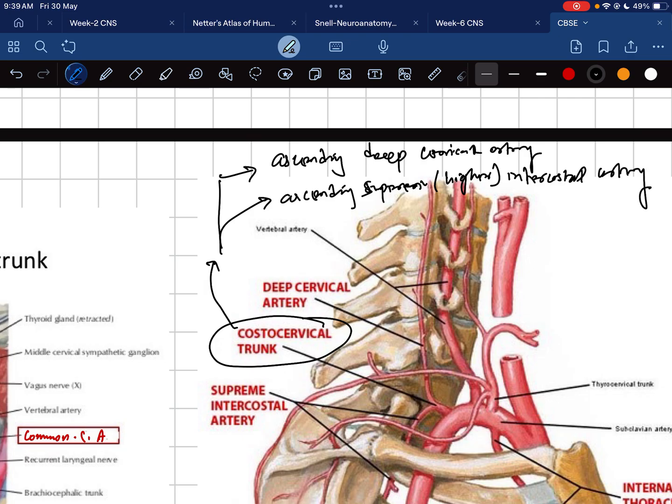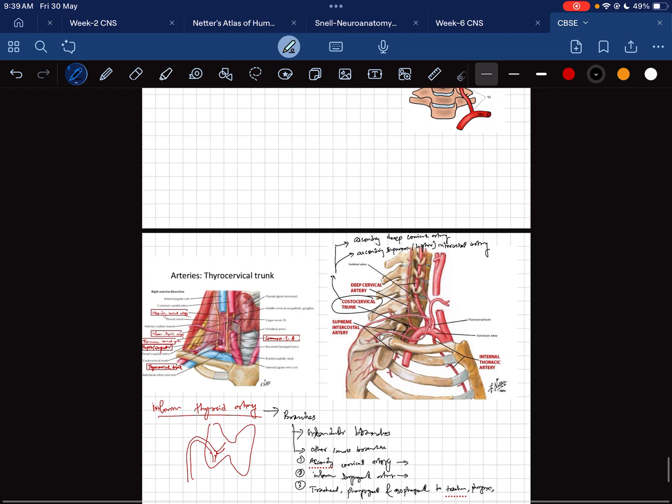This is regarding the costocervical trunk. We are done with its branches.